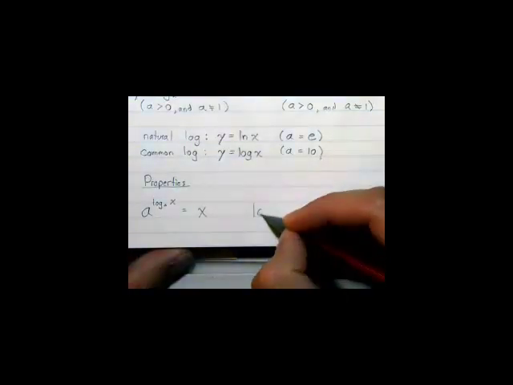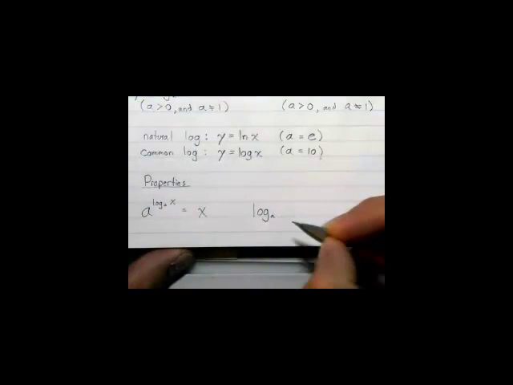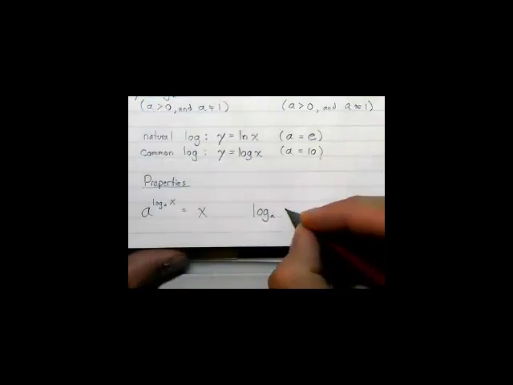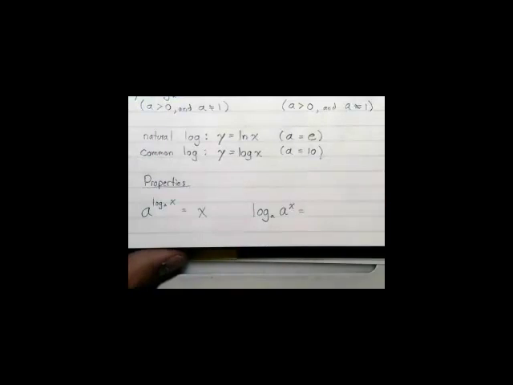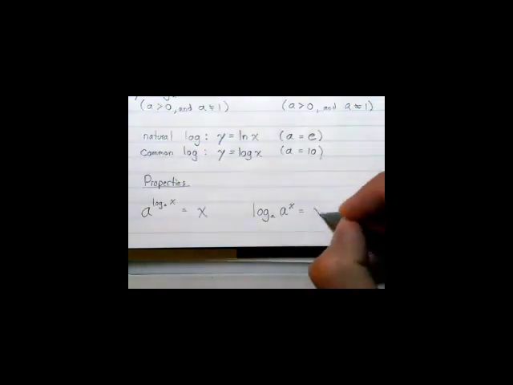And what about if you have log base a of a to the x? So you're taking the log of an exponential now. What about that? That one also comes out to just x.